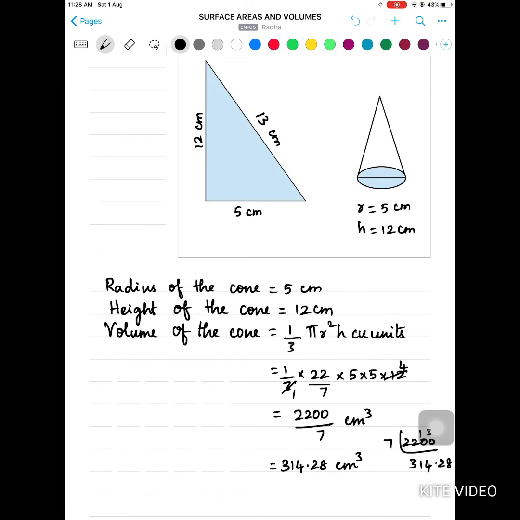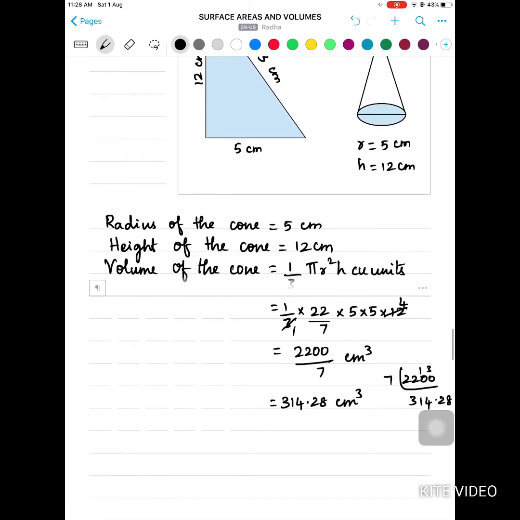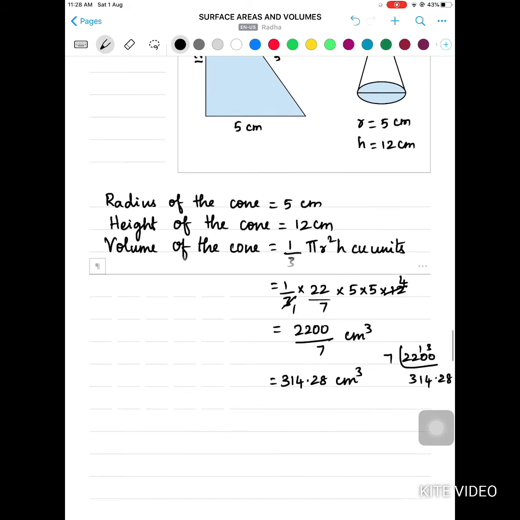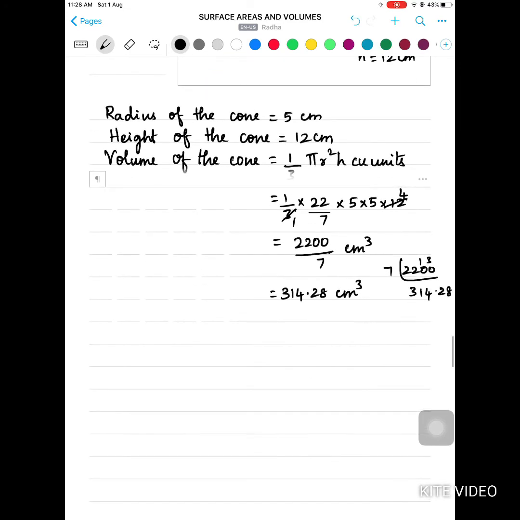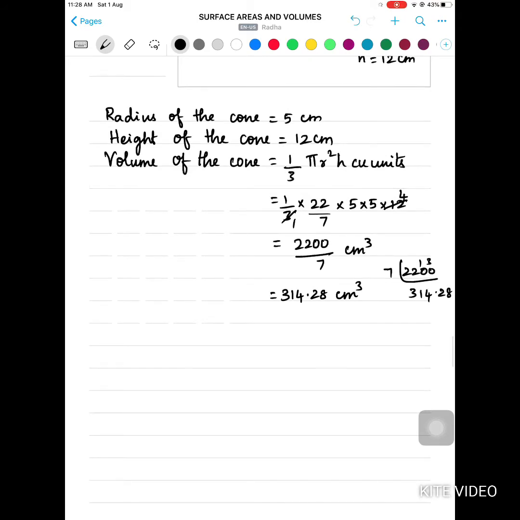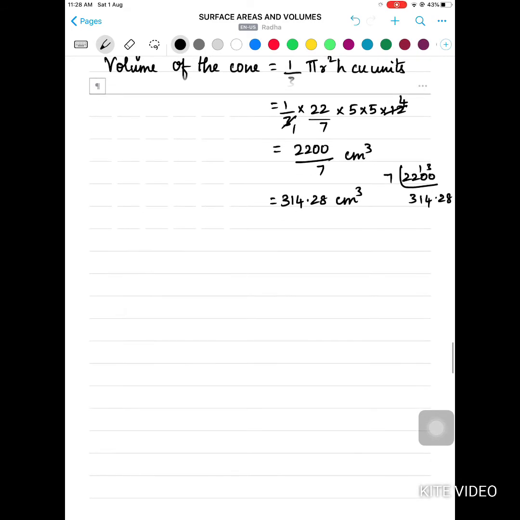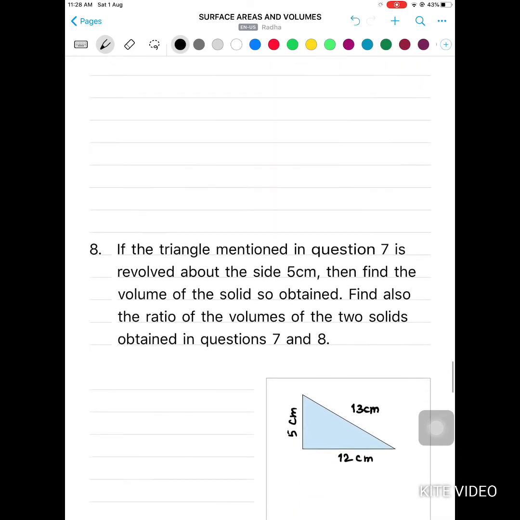We can find the volume of the cone using the formula 1 by 3 pi r squared h cubic units. Substituting the values, we get the volume of the cone as 2200 by 7 centimeter cube, or when you convert to decimal number, it becomes 314.28 centimeter cube. Is it clear, children?